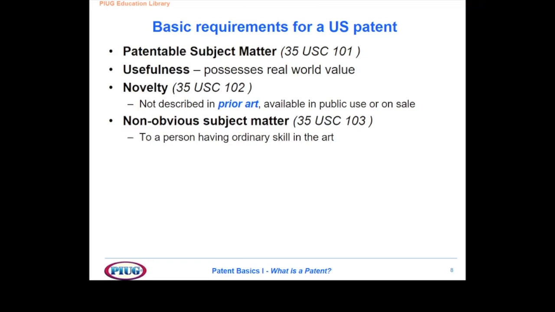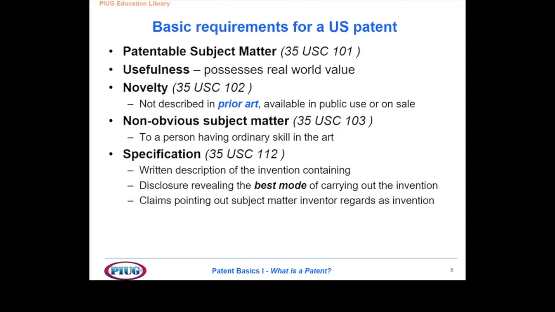Non-obvious subject matter, as described in section 103, which means sufficiently different from what has been used or described before, so it could be said it would be non-obvious to a person having ordinary skill in the area of technology related to the invention. Possess a written description which describes the best mode or enablement for carrying out the invention.